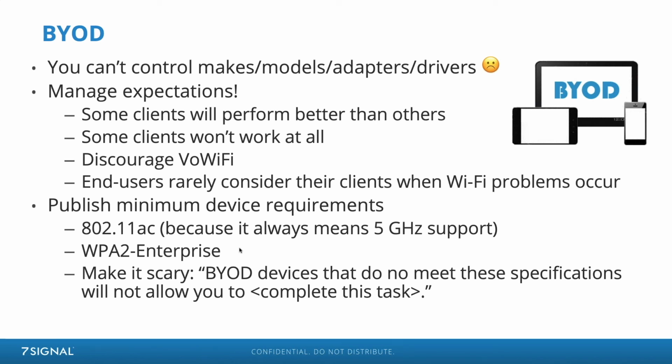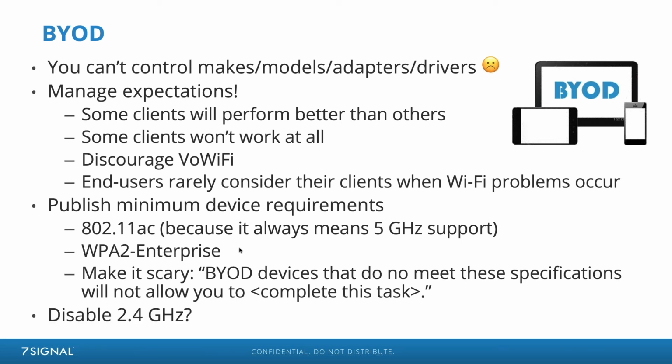You can specify WPA2 Enterprise as a requirement, and depending on the organization, you can put something in your requirements about how, if BYOD devices don't meet all of these specifications, then these things we do in our organization will not work or will be unreliable.